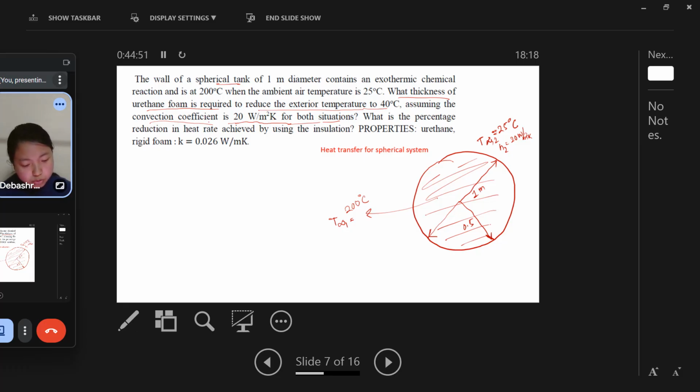Then what is the thickness of the urethane foam? So some foam or some insulation is wrapped around the sphere to reduce the temperature to 40 degrees Celsius. If we draw the insulation, this temperature will be 40 degrees Celsius.